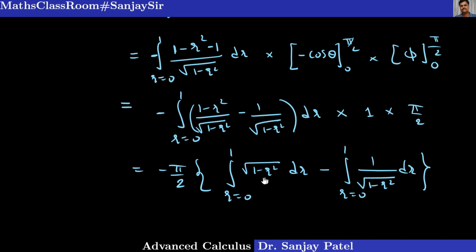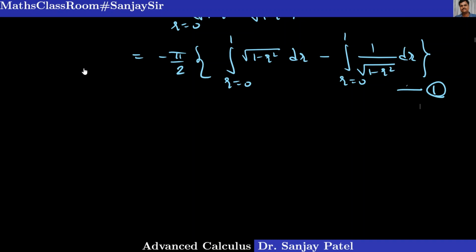To integrate this, so 1 minus sine square theta is cos square theta, so that is fine. And we can integrate this very easily. Let me call this as result number 1, and I will now calculate both the integrals separately in order to avoid the confusion.